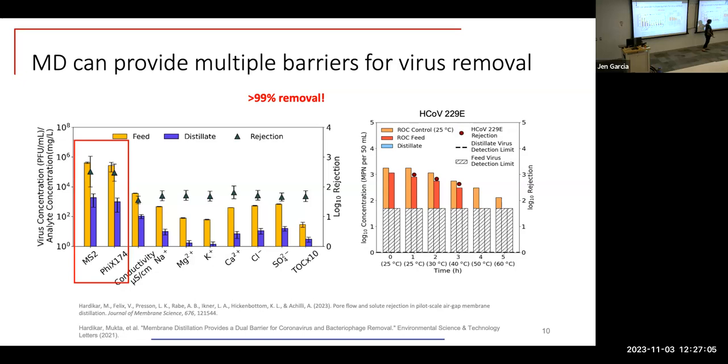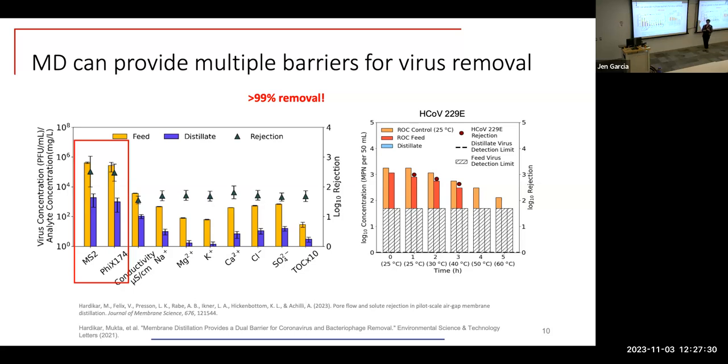Not only does this process have a physical barrier, but it turns out SARS-CoV is really susceptible to temperature. It's a very weak virus. So as our temperature increases, which we operate above 60 degrees Celsius most of the time for this membrane process, we see that we essentially have no detection of SARS-CoV in our water either.